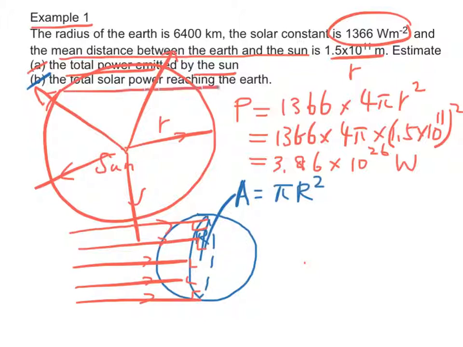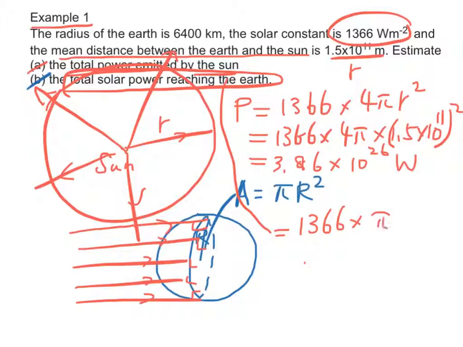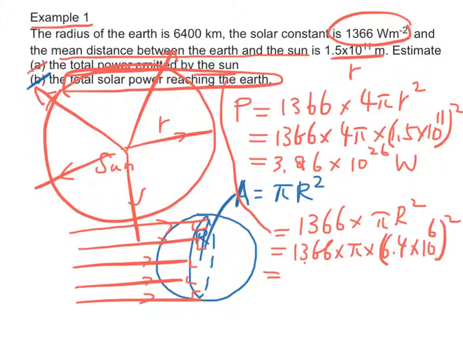Therefore, the total solar power reaching the Earth will be equal to 1366 times pi r square, equal to 1366 times pi times (6.4 times 10 to the power 6) square. Answer is 1.76 times 10 to the power 17 watt.